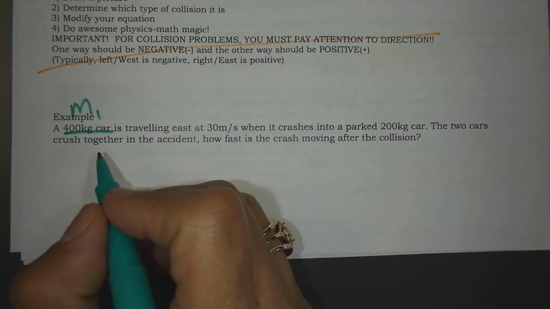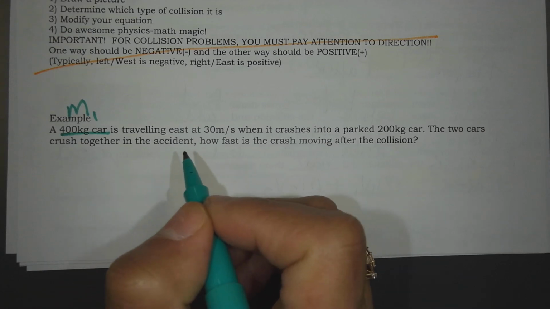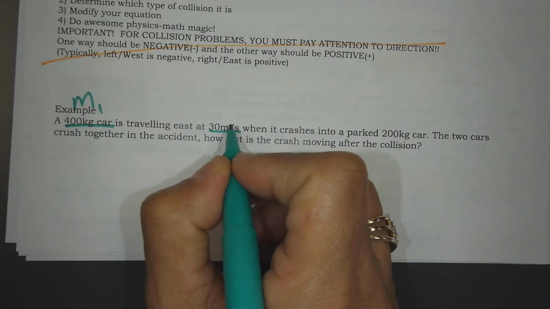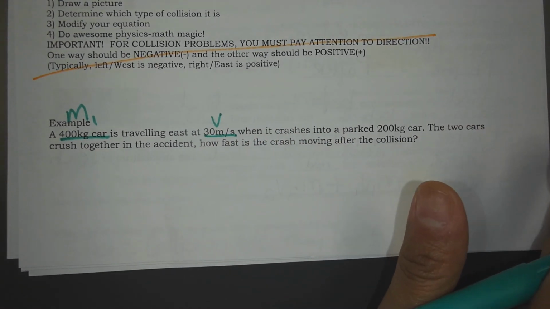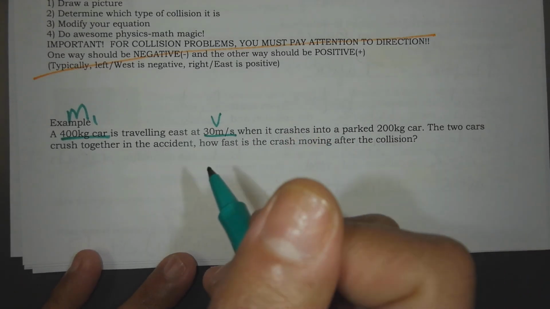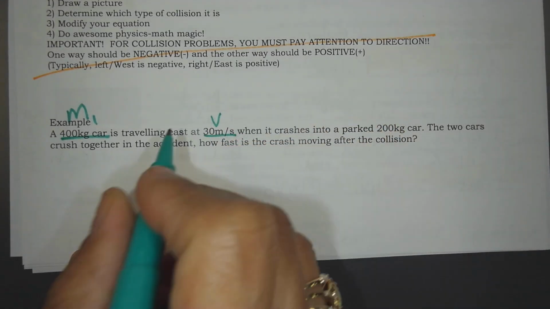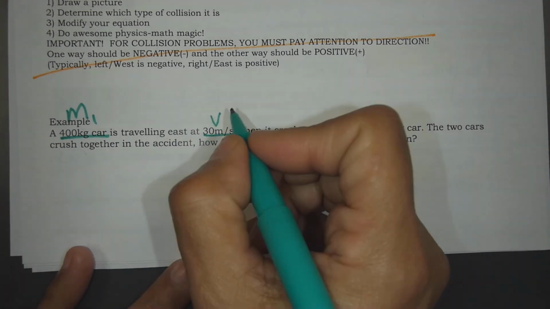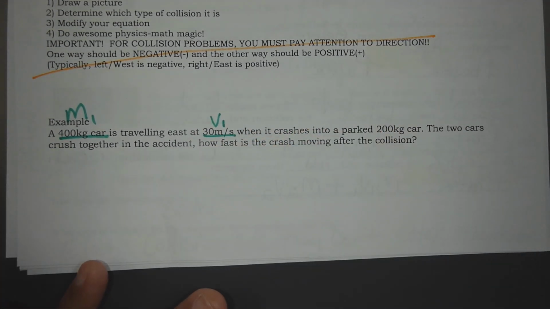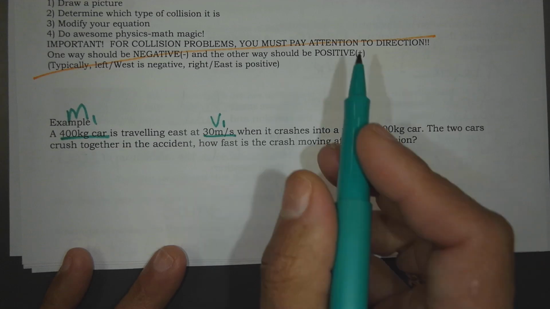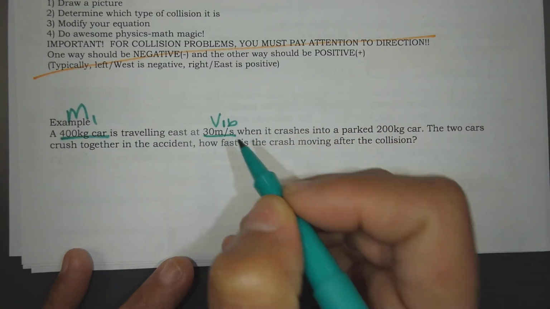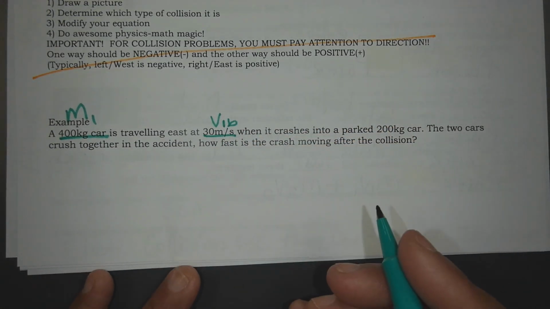But it says here, 400 kilogram car is traveling east at a velocity of 30 meters per second. This velocity, though, is important. Not only does it correlate with my object number 1, so I'm going to put a 1, but it's before any type of collision, so I'm definitely going to put a B, because that part is important.